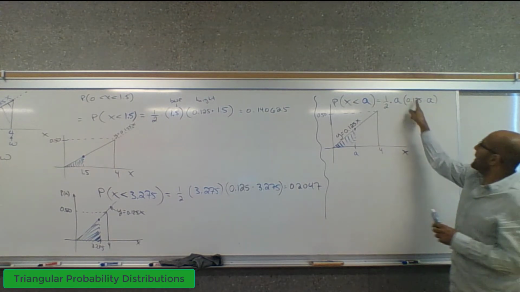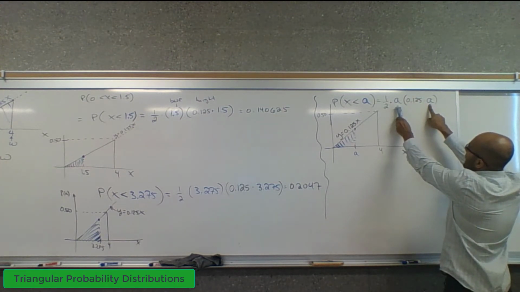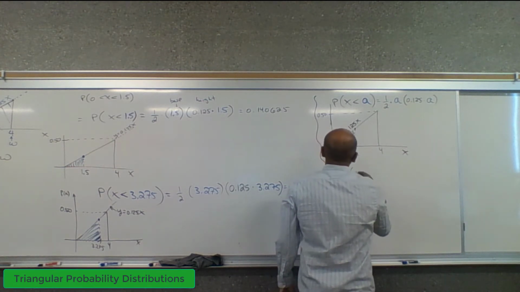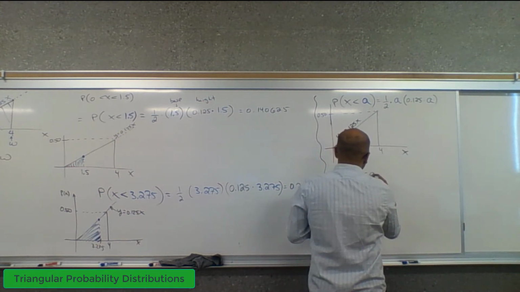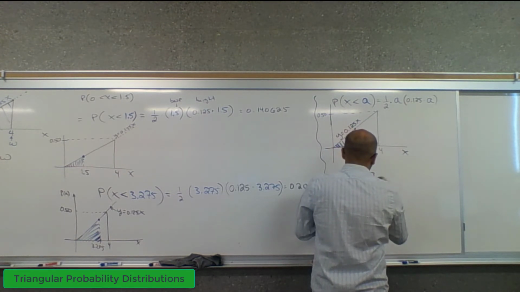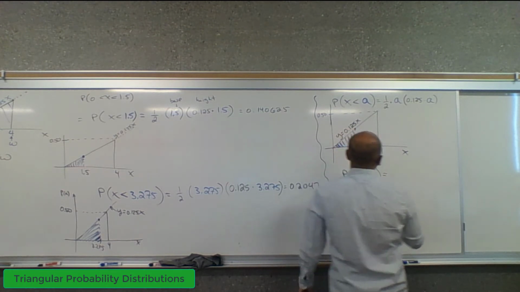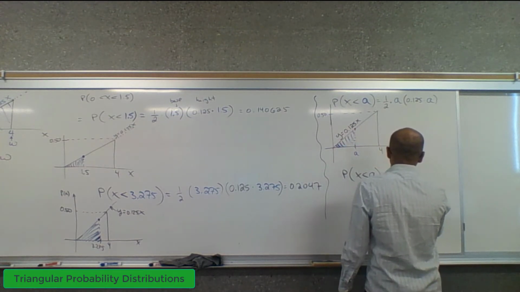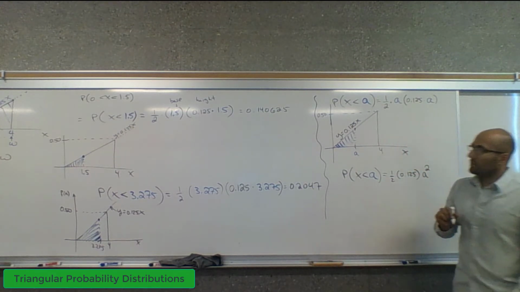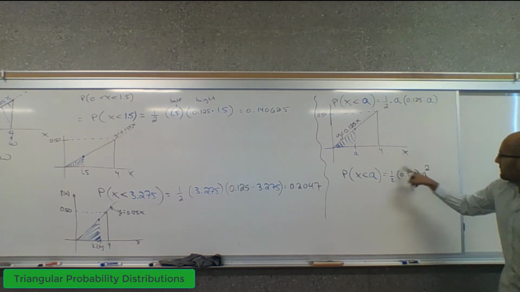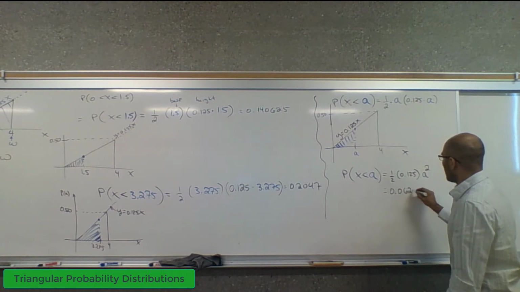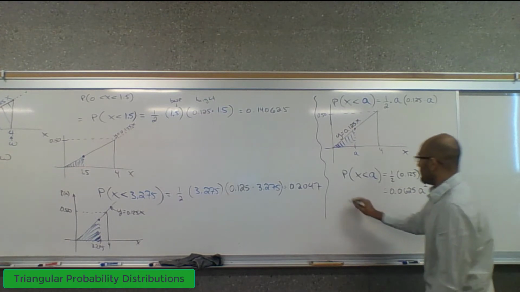So in general, I can simplify this by multiplying the A's and multiplying those two. So in general, the probability that x is less than or strictly less than A, or somewhere between 0 and A, is going to be equal to 1/2 times 0.125 A squared. And then if I multiply those guys, I'll get 0.0625 A squared.